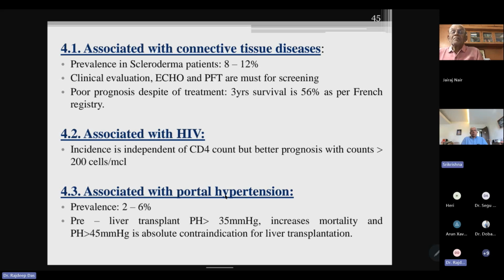In liver transplant, pre-transplant pulmonary hypertension is associated with increased mortality and morbidity, while severe pulmonary hypertension of more than 45 millimeters of mercury is considered a contraindication for liver transplantation.